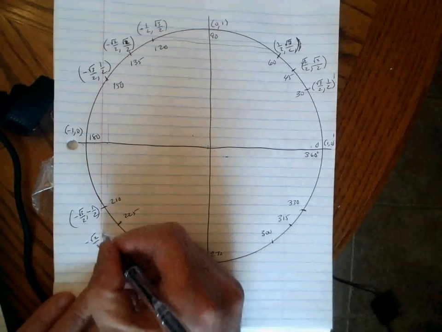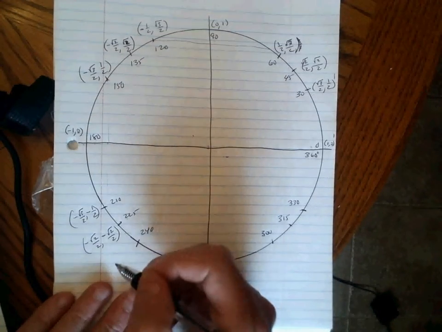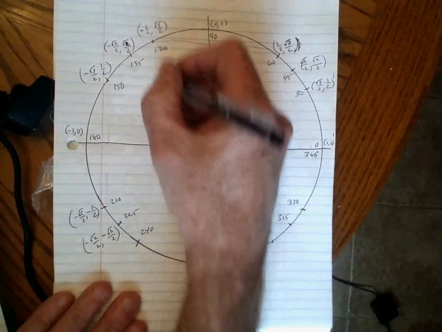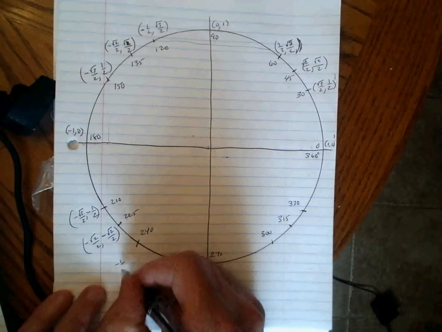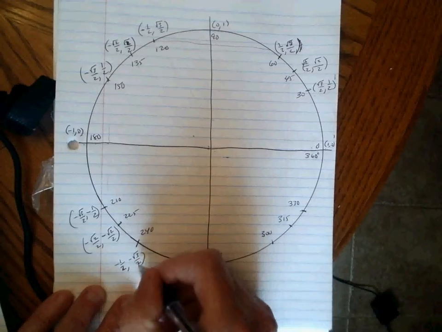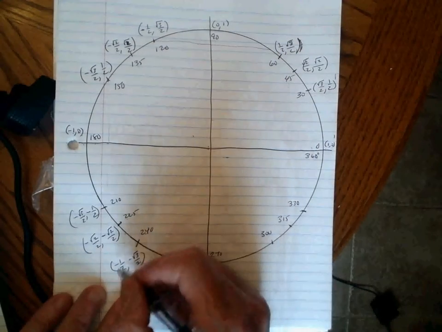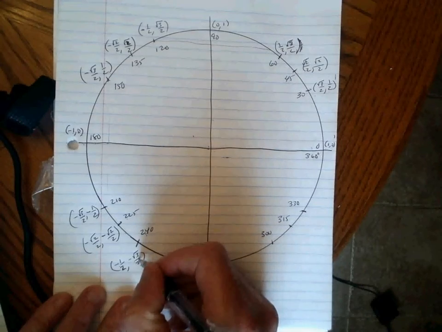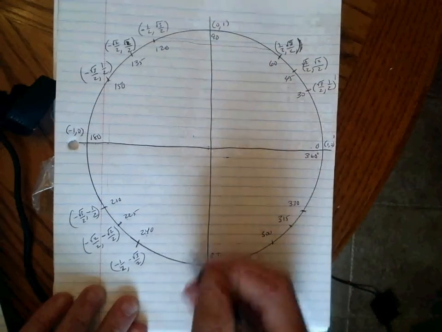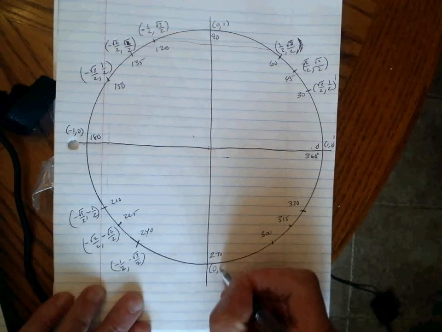That makes this one negative square root of 2 over 2, negative square root of 2 over 2 because of symmetry again, and this one negative 1/2, negative square root of 3 over 2. The symmetry lines all these up. So the cosine of 240 is negative 1/2, and the sine of 240 is negative square root of 3 over 2. Again, verify with your calculator.